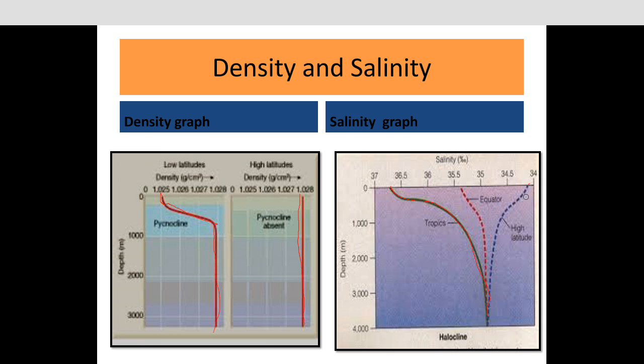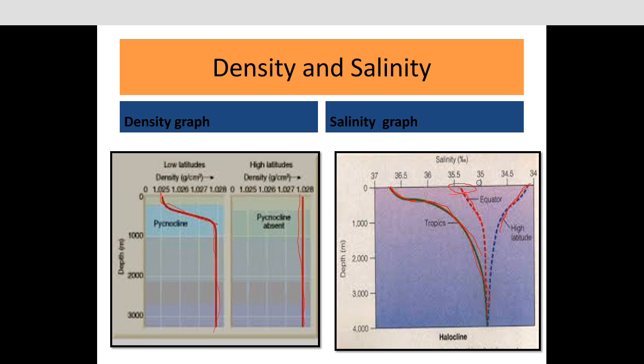In high latitudes, salinity is less because melting water from the glaciers is joining the oceans. Whereas in low latitudes, temperature is high, so salinity is also high. So in between these layers, here 35.5 is at the equator.